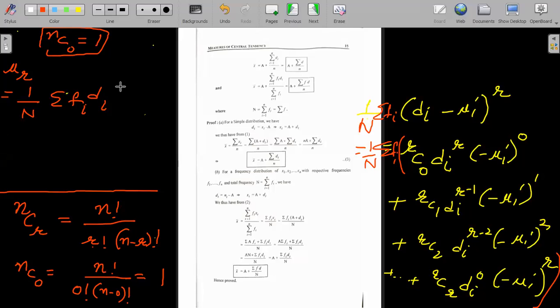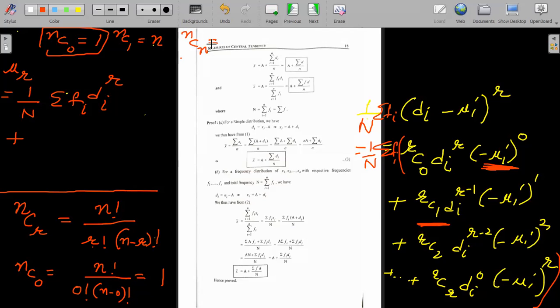So we put its value as 1, so what is left is summation fi and with it di to the power r. Again, if you look here, this is minus μ1 dash to the power 0, so anything raised to power 0 is 1. Then the next term is again rC1. We know that as a mathematician you should always remember this: nC0 is 1, nC1 by the same way when you evaluate will come to n, nCn how much is it?